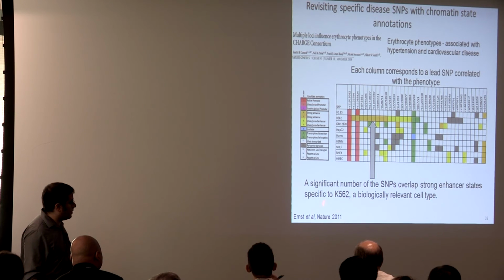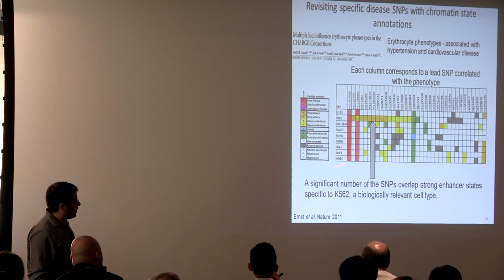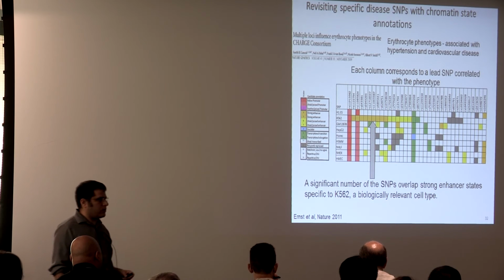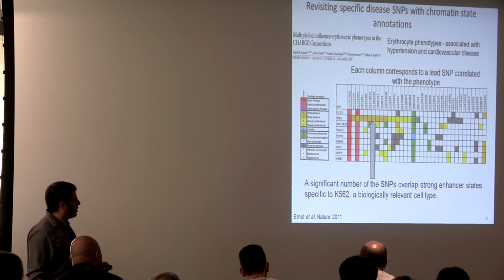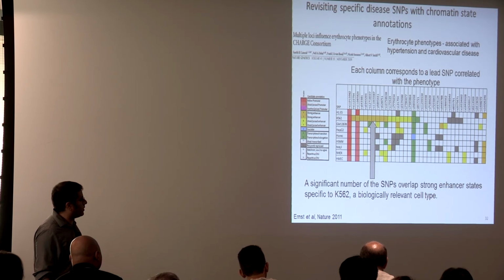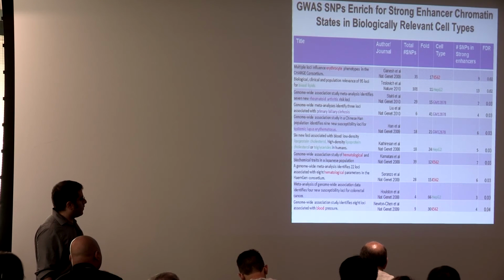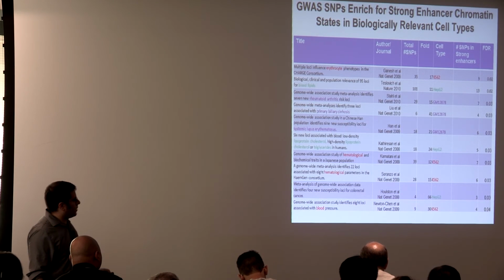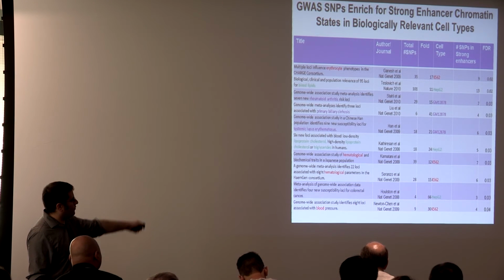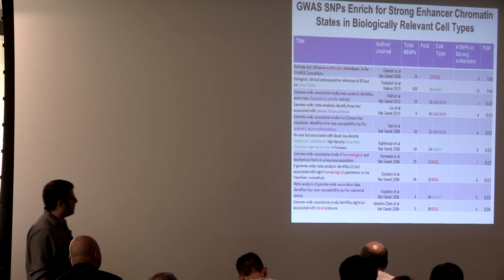And if you're familiar with the biology of these 9 cell types, this is specifically the cell type which is most relevant to erythrocyte phenotypes. And we had at the time gone through a number of GWASs, primarily those in the NHGRI GWAS catalog, just the set of lead SNPs.